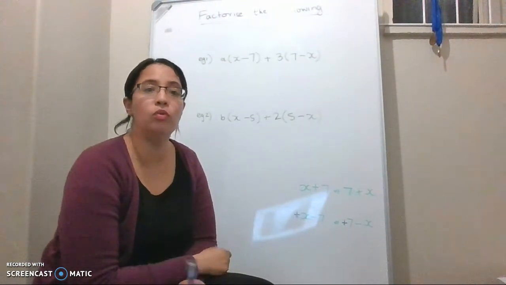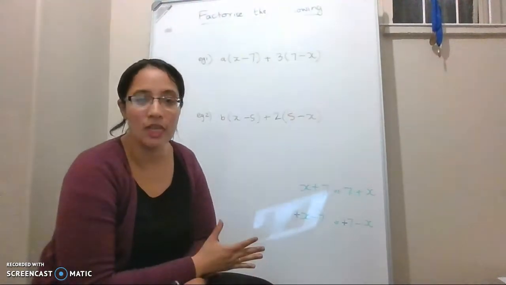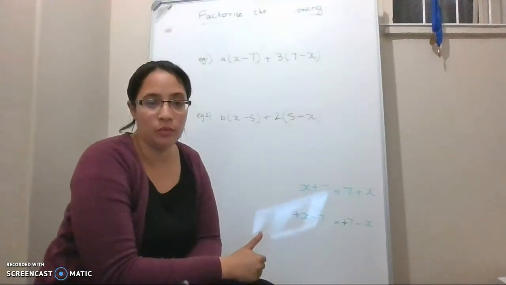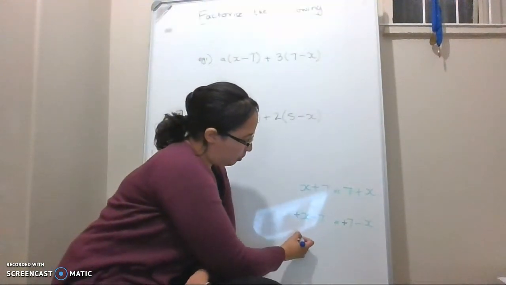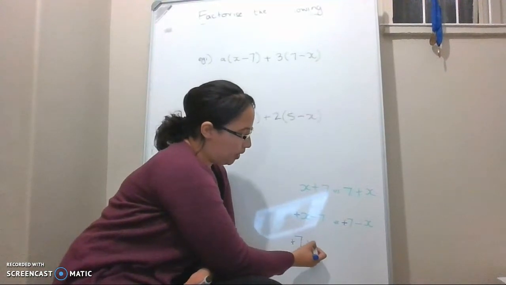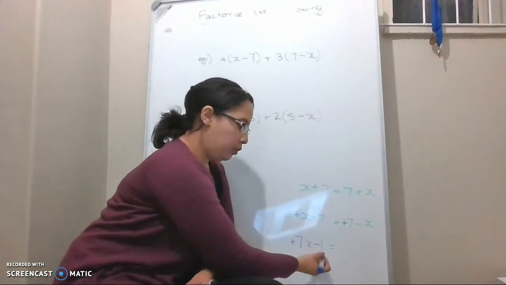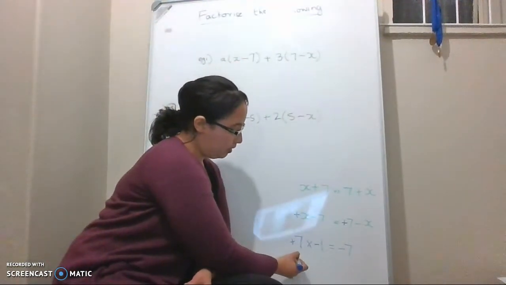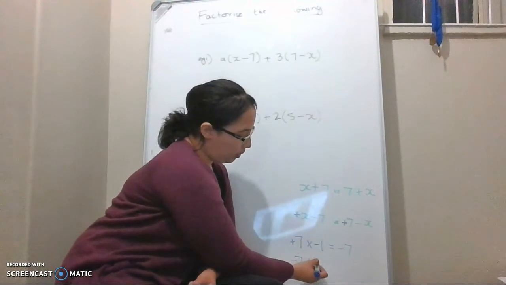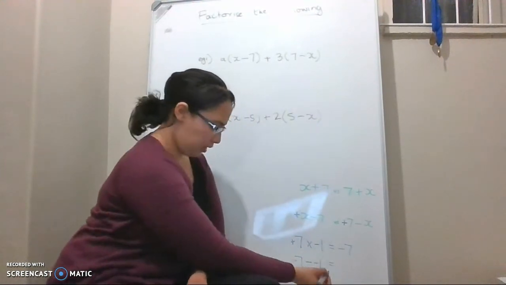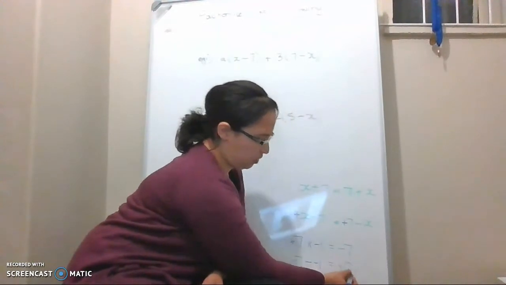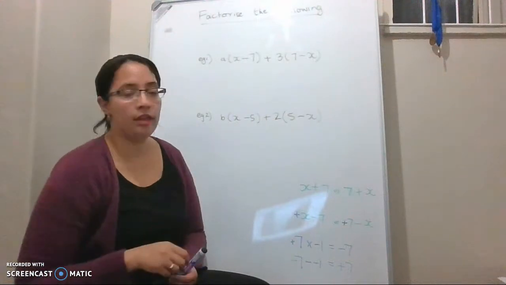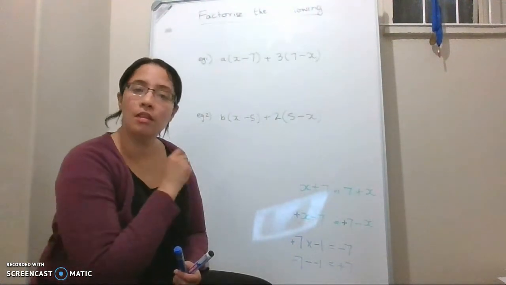You might know from the rules you learned in grade 8 that when we multiply or divide by a negative value, positive 7 multiplied by negative 1 gives negative 7, and negative 7 divided by negative 1 gives positive 7. So I can use this fact to change the signs so that I make the brackets the same.